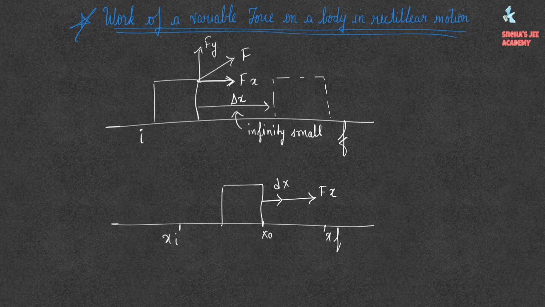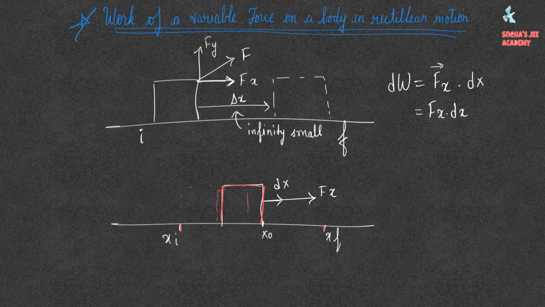Therefore, the work done by the force Fx during the infinitely small displacement dx is given by work done equals Fx times dx. So we have Fx and dx. This right over here is one position, but it is traveling from xi to xf, that is initial to final position. There are many intermediate positions, and it finally reaches over here.